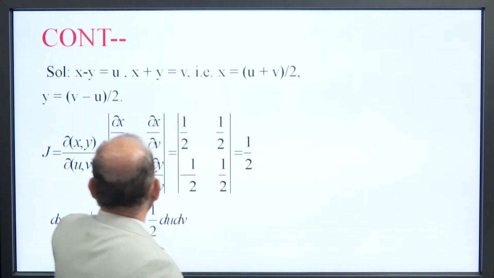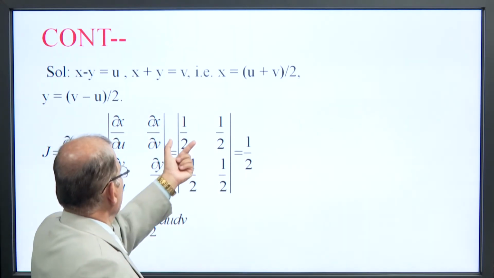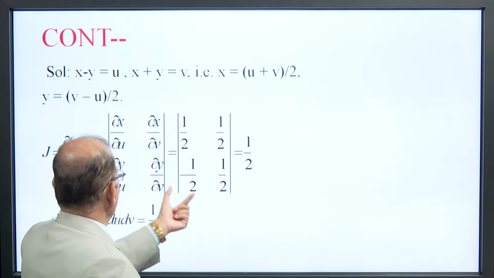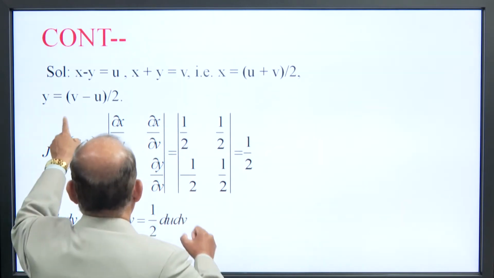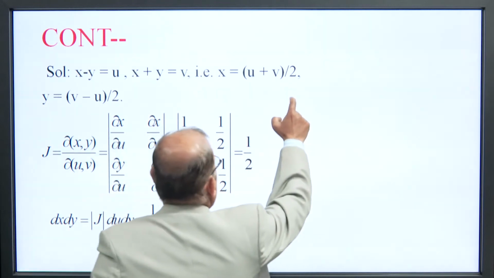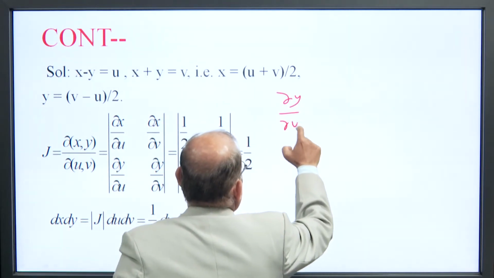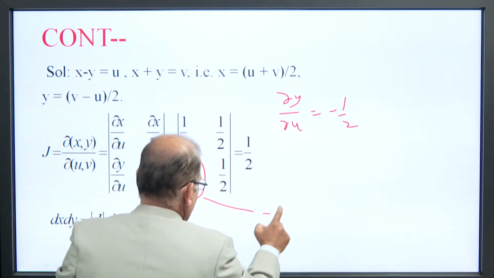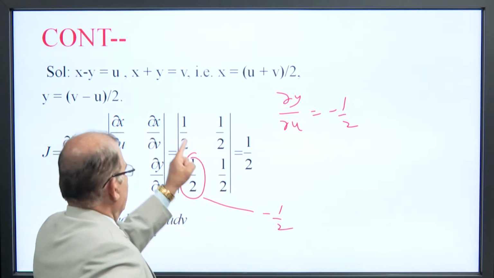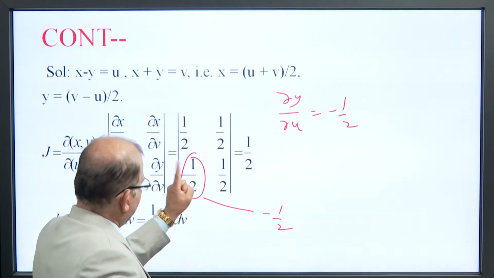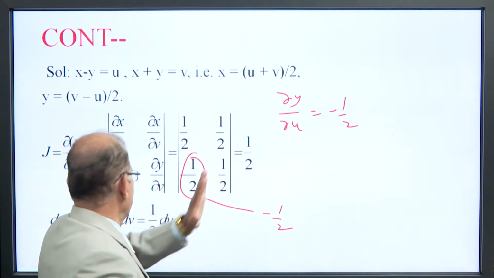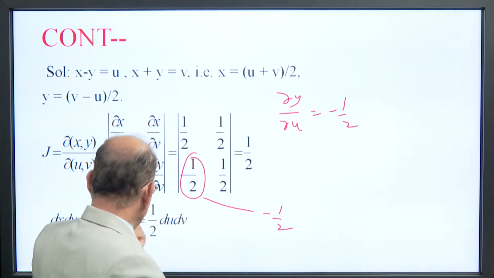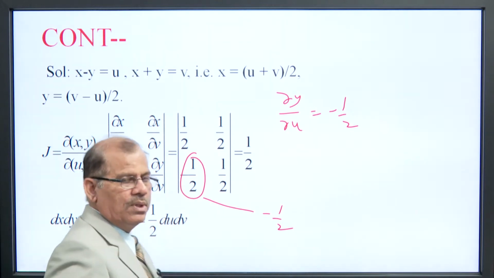Substituting, ∂x/∂u is equal to 1/2, ∂x/∂v is equal to 1/2, ∂y/∂u is equal to minus 1/2, ∂y/∂v is equal to 1/2. Multiplying, we get 1/4 plus 1/4, which is equal to 1/2. It means dx dy is replaced by |J| du dv, and it is 1/2 du dv.